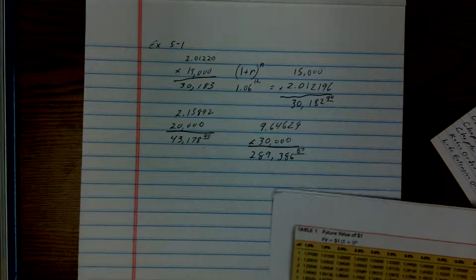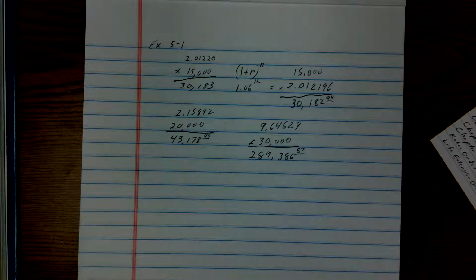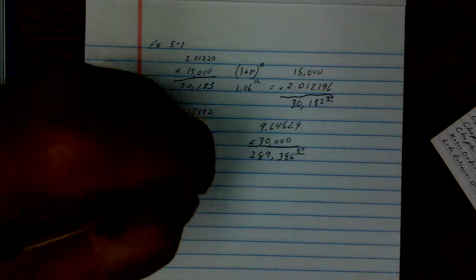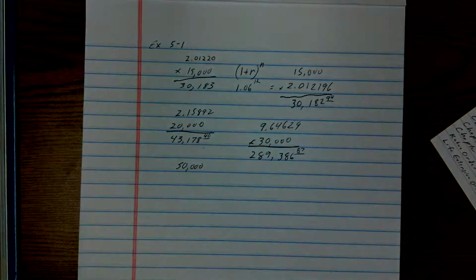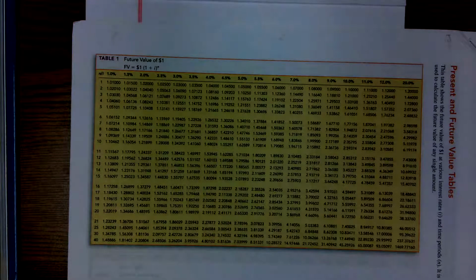On that one. And then the fourth one on exercise 5 is 50,000 at 4% for 12 periods. So we start with the 50,000. We need the 4% column for 12 periods. So we go down here, 4% for 12 periods is 1.60103.